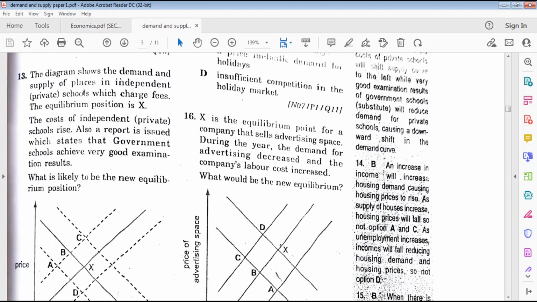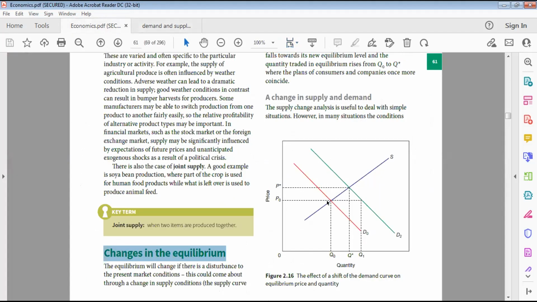Equilibrium is like the meeting point of quantity between demand and supply, and that is where the price is fixed. That means at this price, the supply is happy and the demand is also happy. This is the price where the supplier is agreeing to supply, let's say 100 kilos of potato, and the people are willing to pay, let's say $10.